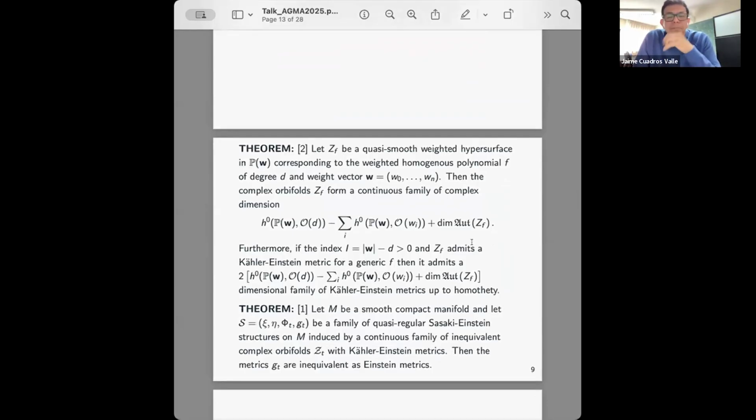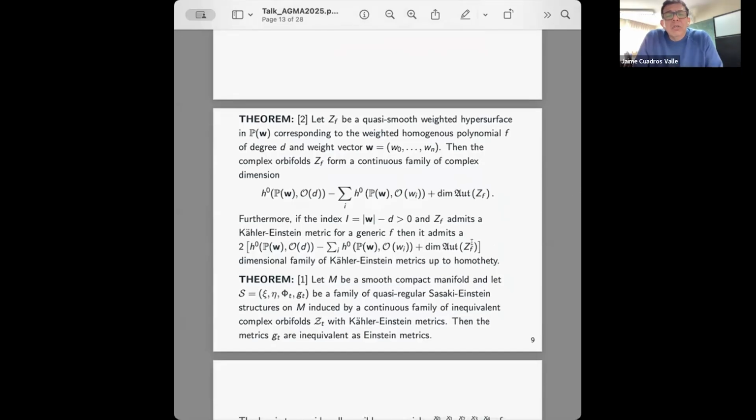So the first one is telling you that whenever you have a quasi-smooth weighted hypersurface, and when I say quasi-smooth, that means that the weighted homogeneous polynomial considered on C^{n+1} has only one singularity at the origin.